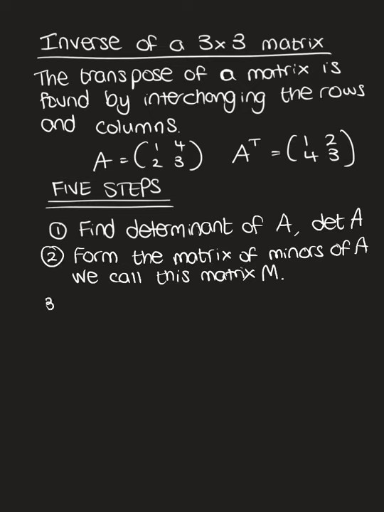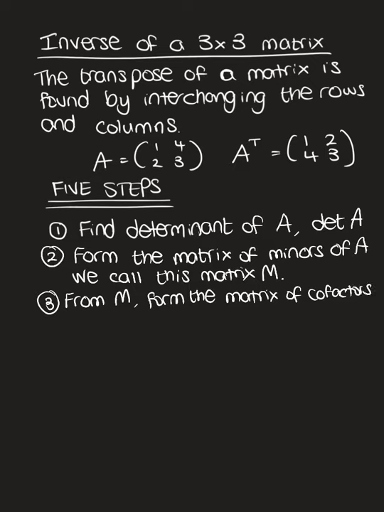And then part 3, from this matrix M, what we do is we form the matrix of cofactors, and we normally call that matrix C, and we do that by changing the signs of some elements or all the elements.